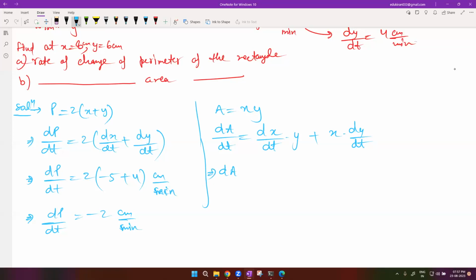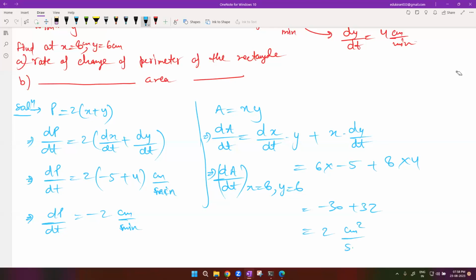So dA by dt at x equal to 8 and y equal to 6 will be, you put the values, 6 into dx by dt, which is minus 5, and then plus x, which is 8, into dy by dt, which is 4. The value is minus 30 plus 32, which would be 2 centimeter square per minute.